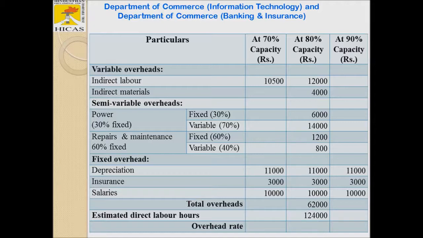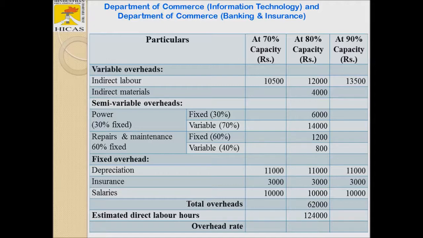We move to variable overhead, and we know that at 80% capacity we spend 12,000 for indirect labor. So what will be the amount for 70% capacity? We use the calculation 12,000 divided by 80% multiplied by 70%, which will give you 10,500.